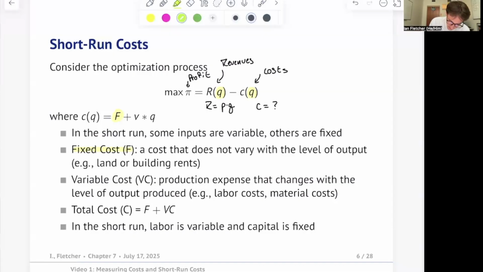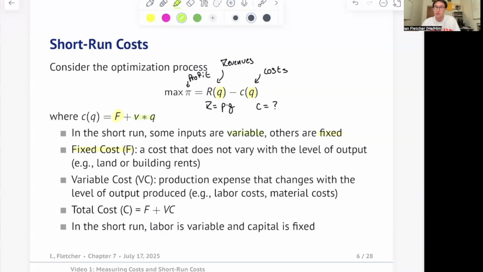Then we have this second component, the variable cost aspect of our cost function. And so in the short run, some inputs are variable, others are fixed. And our variable costs are going to be things that change with the level of output produced. So if we're thinking in this short run that labor is going to be the one that varies, right?